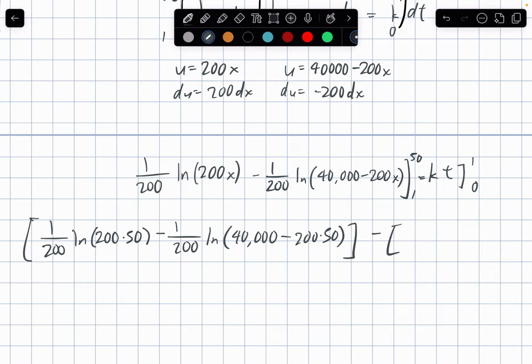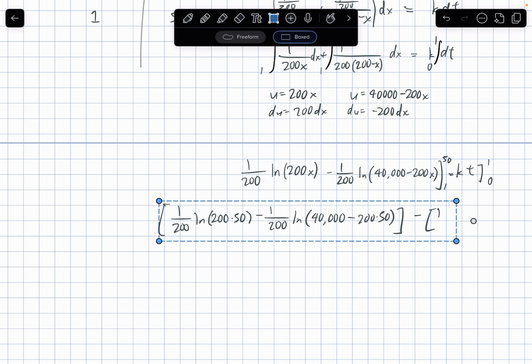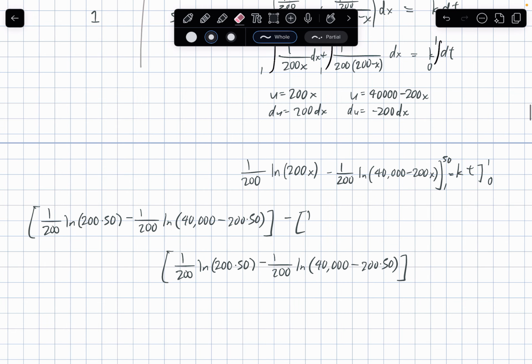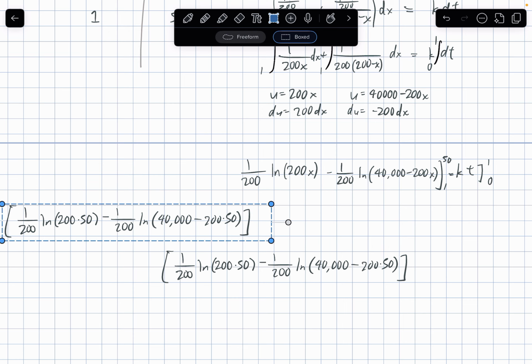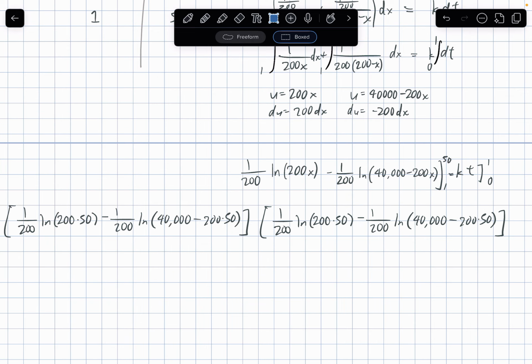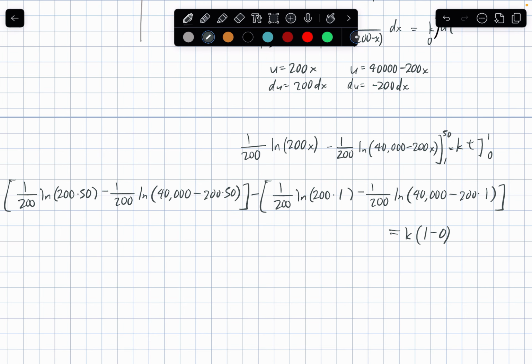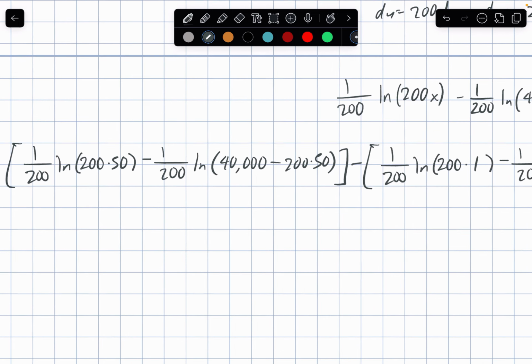So that's f of b. f of a, it's the same thing, only we replace it by 1. At the other side, we have k times 1 minus 0. So just simply k. We'll deal with that later. In the meantime, simplify.